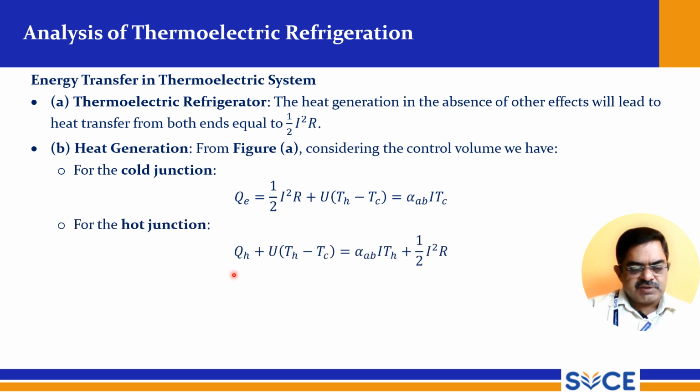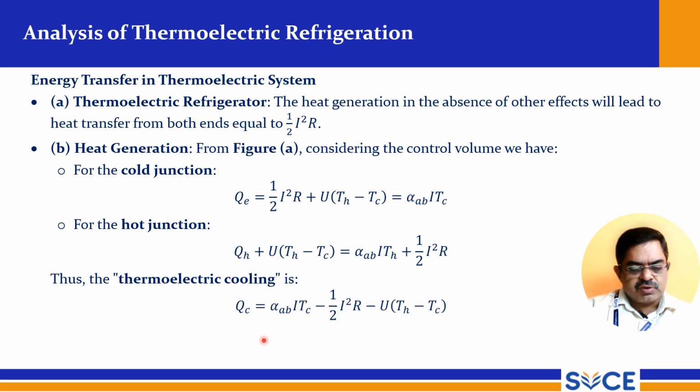For the hot junction, QH plus U(TH minus TC) equal to alpha AB I TH plus half I squared R. Thus, the thermoelectric cooling is QC equal to alpha AB I TC minus 1 by 2 I squared R minus U(TH minus TC), and QH equal to alpha AB I TH plus 1 by 2 I squared R plus U(TH minus TC).